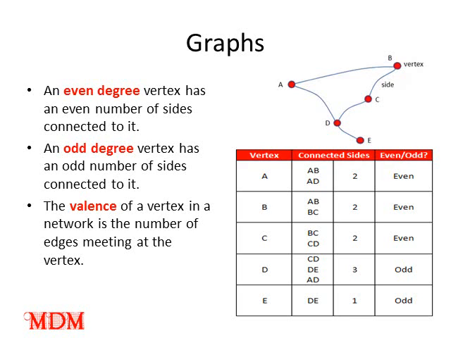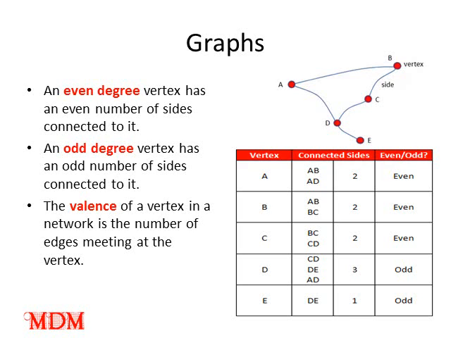Notice that D is connected to A, D is connected to C, and D is connected to E. So it has 3 connected sides. So we would say it is an odd degree vertex. Similarly, E is an odd degree vertex because it is only connected to D, and 1 is an odd number.